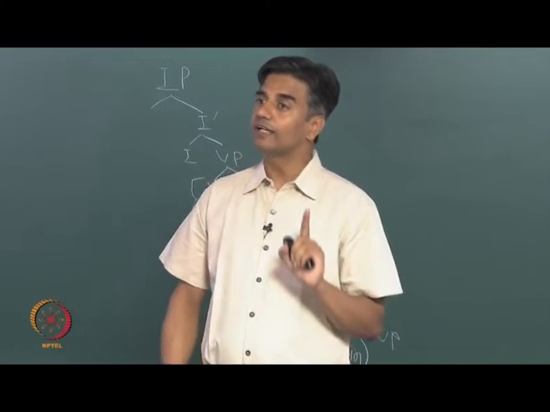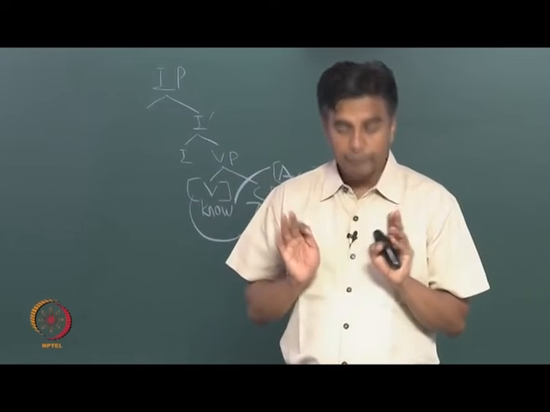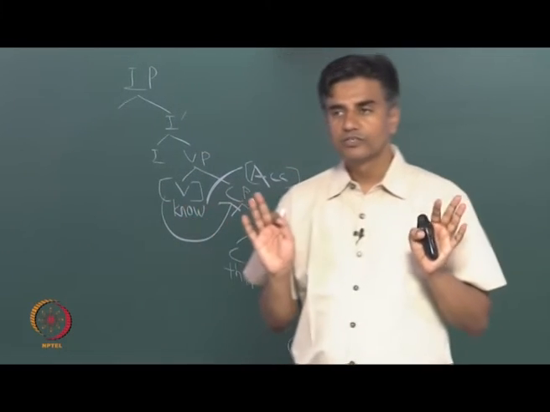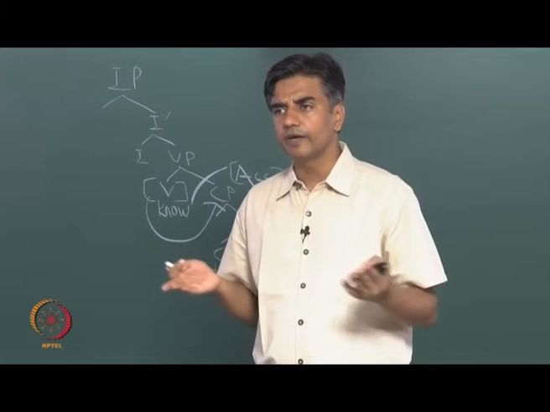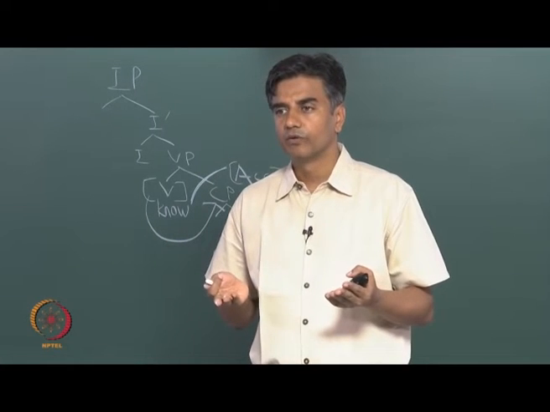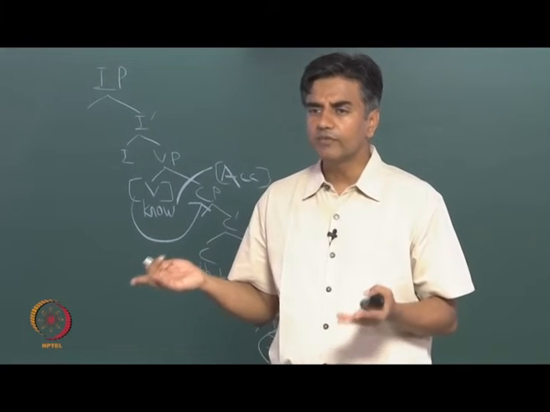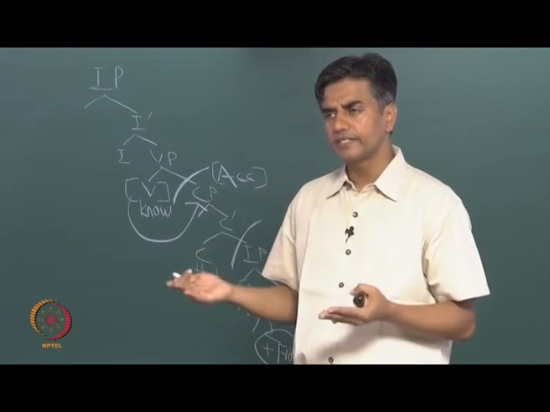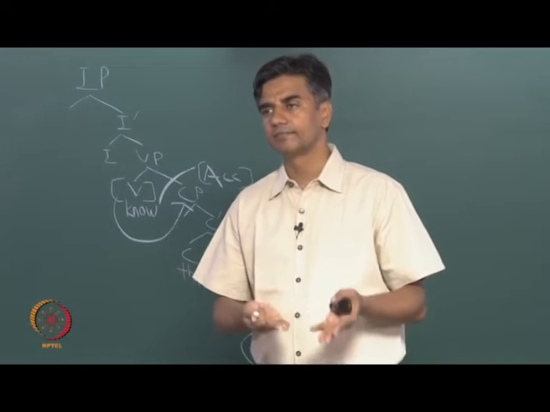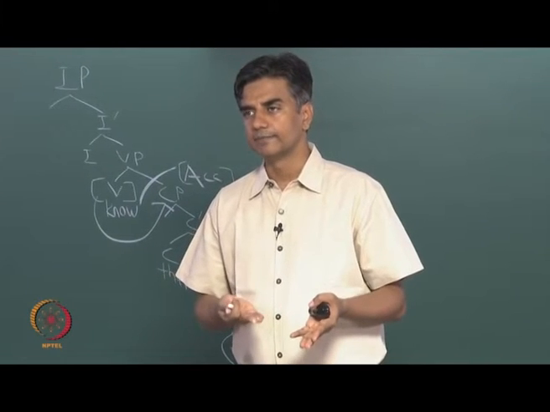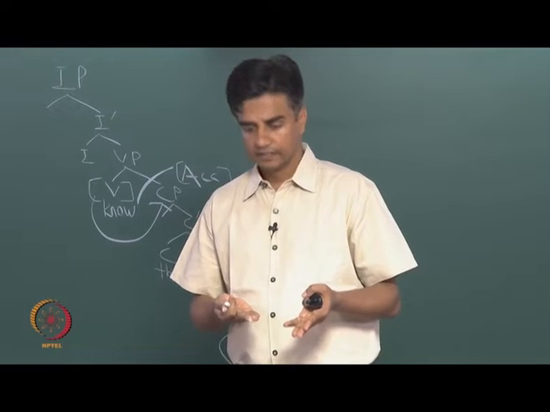Now, you may have a question in your mind. So far, every time we have been talking about a preposition, we are saying this is a PP. Right? Why are we saying here that a preposition can be in the C position, which is a complementizer?